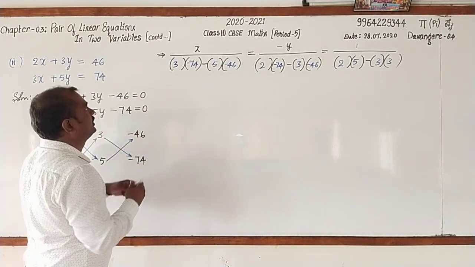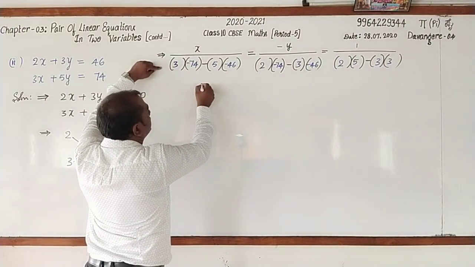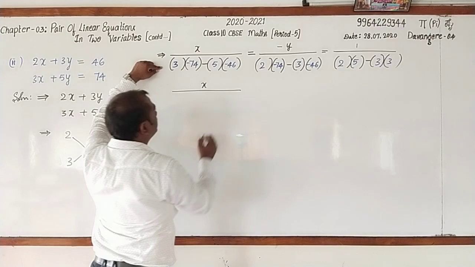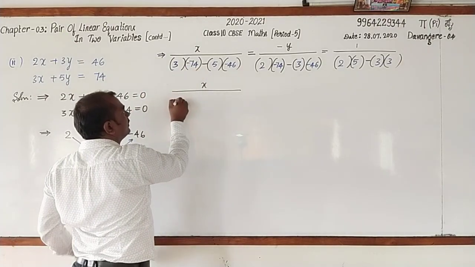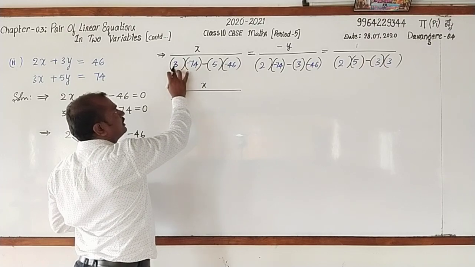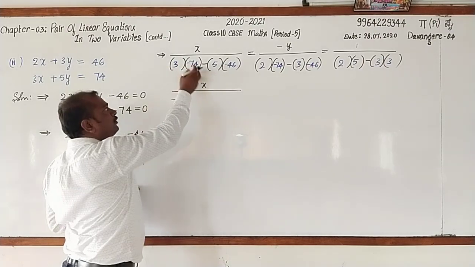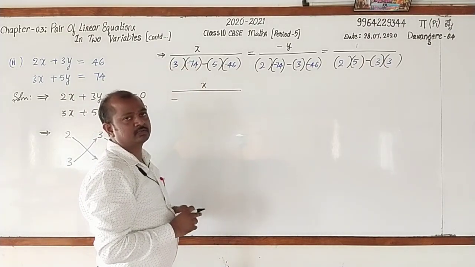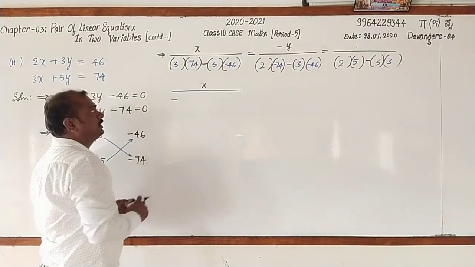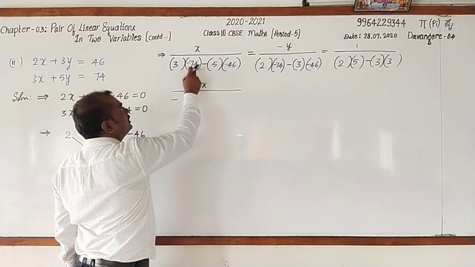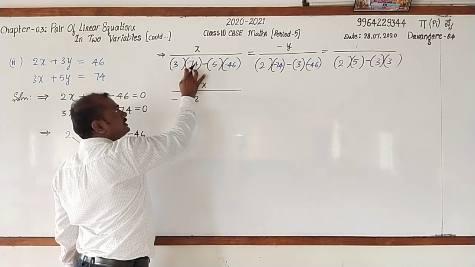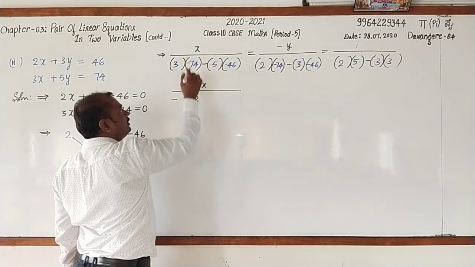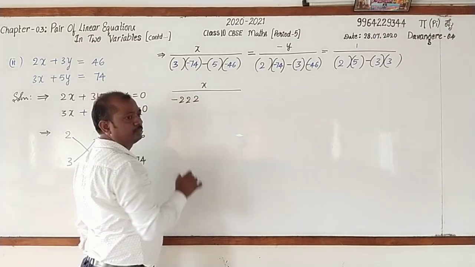Let us go for simplifying. x whole divided by minus 74 times 3: 3 fours are 12, 3 sevens are 21, so it is 222. Or else multiply like this: 3 fours are 12, carry 1, 3 sevens are 21 plus 1, 22.